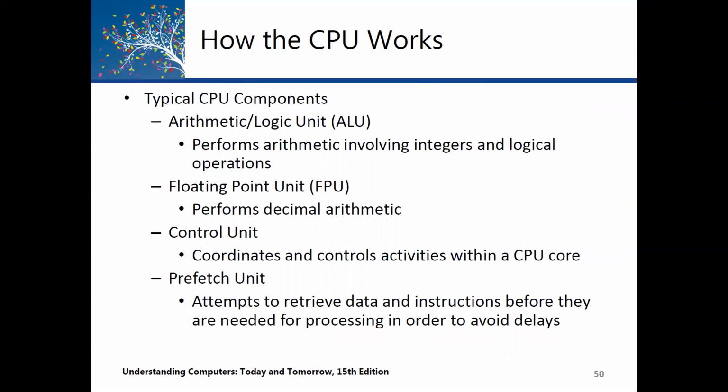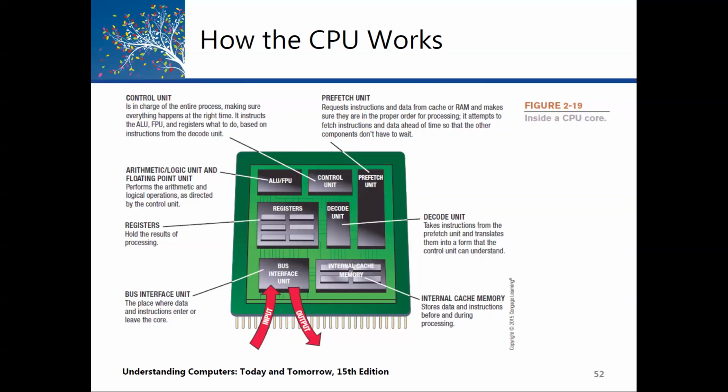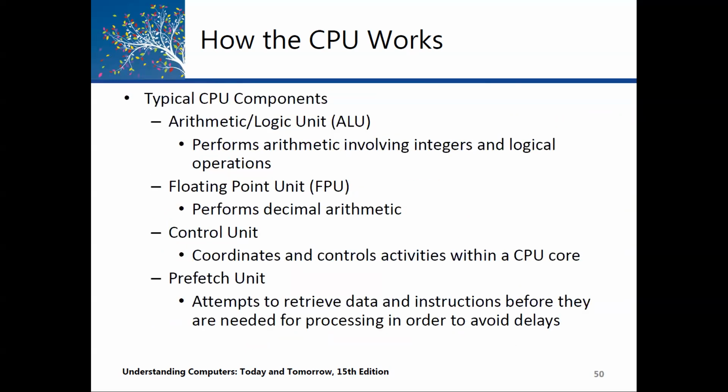Normally, the arithmetic logical unit, right? The first component of the typical CPU components that we are going to discuss from this diagram is the arithmetic logical unit, or the floating point unit. The arithmetic logical unit is the section of a CPU core that performs arithmetic. What do we mean by arithmetic?